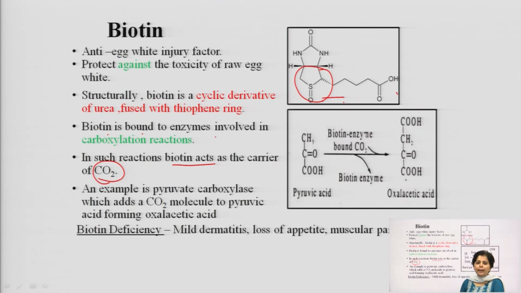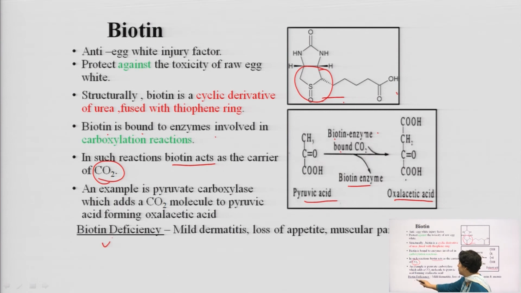For example, the pyruvate carboxylase, which adds the carbon dioxide molecule to the pyruvic acid, forming oxaloacetic acid. The pyruvic acid is converting into oxaloacetic acid where the biotin enzyme bonded the CO2 here.